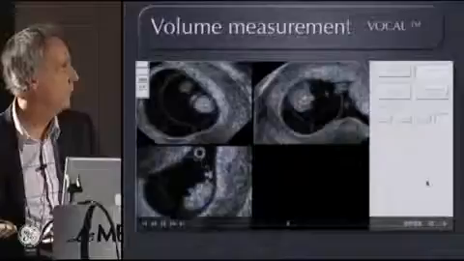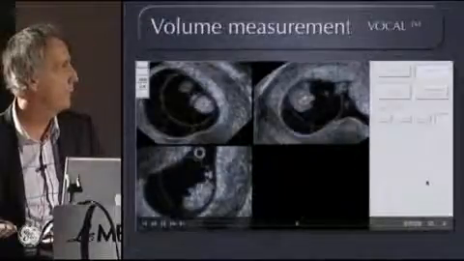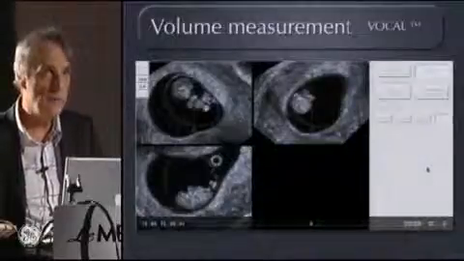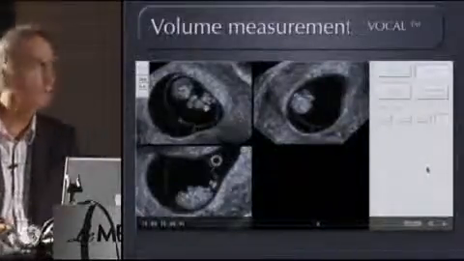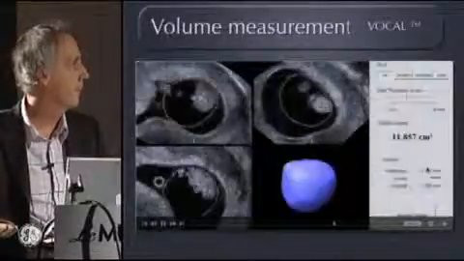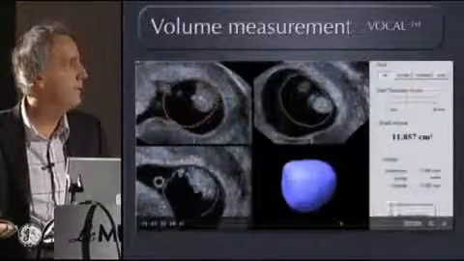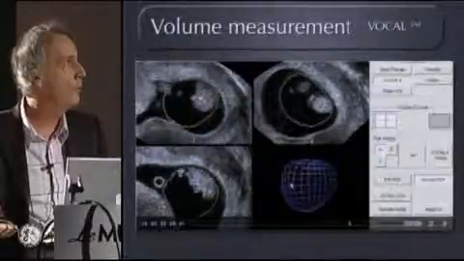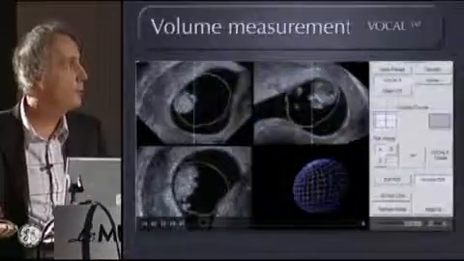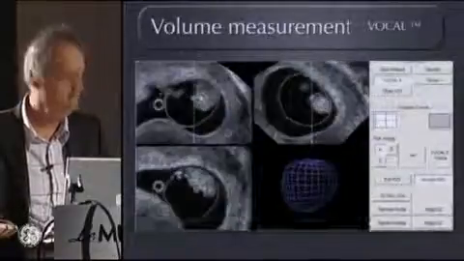And when it's finished, the software will give you the exact volume of the amniotic cavity with the embryo inside. Here. This is not the exact quantity of amniotic fluid. It is the amniotic fluid with the volume of the embryo.